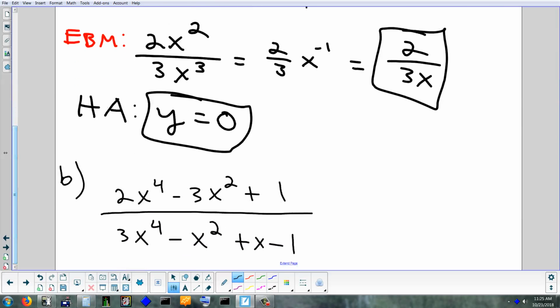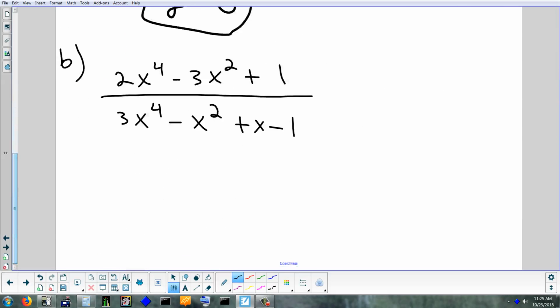Okay, let's look at this one. Joe, what would be my end behavior model for this rational function? 2x to the 4th. Yep. 3x to the 4th. So 2x to the 4th over 3x to the 4th.